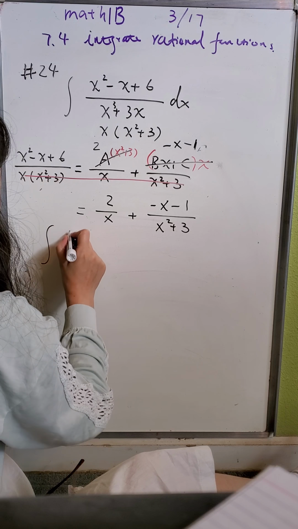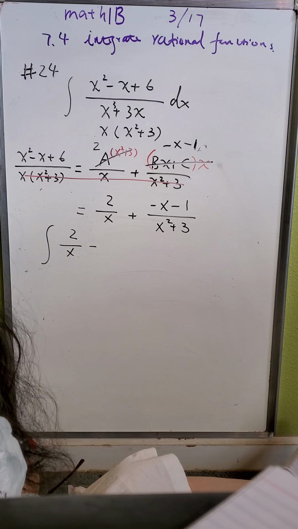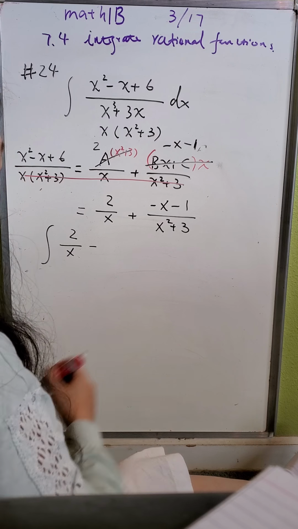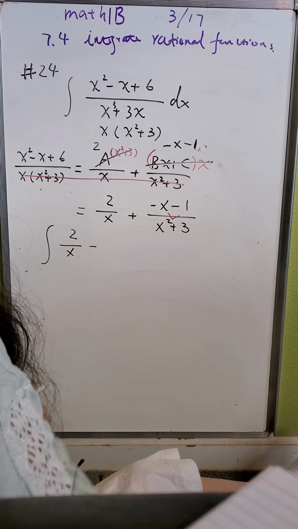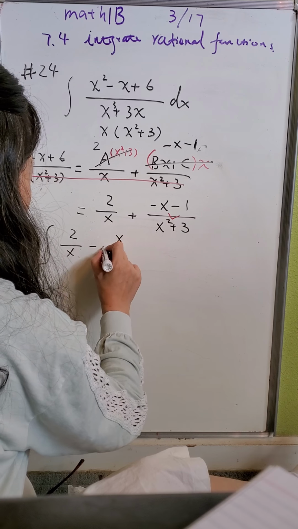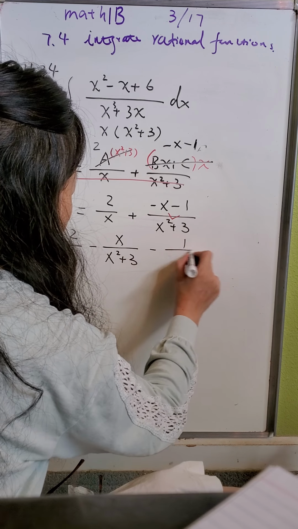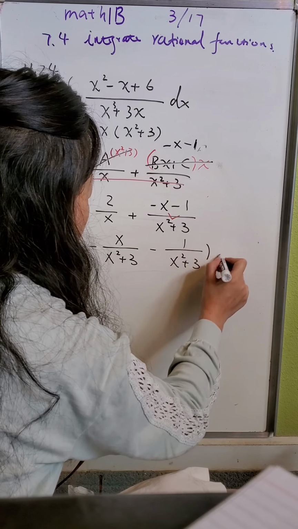If I just rewrite it, you have to be careful now because you couldn't use a u sub here yet, because there are 2 terms here. So we're going to break this into 2 parts: negative x over x squared plus 3, and then minus 1 over x squared plus 3, and then this whole thing dx.